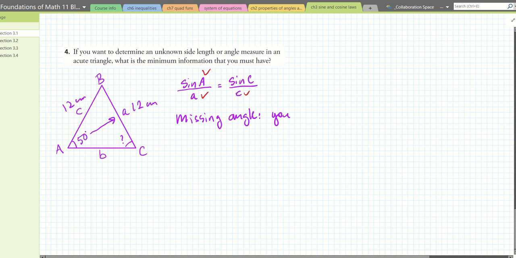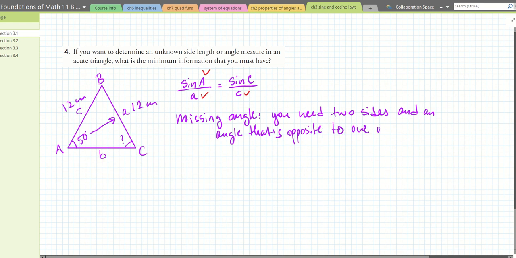That could be another option instead of side a and angle A. So you're going to need, again, 2 sides and an angle that's opposite to one of these two sides, whether it's angle A and side a, or angle B and side b.